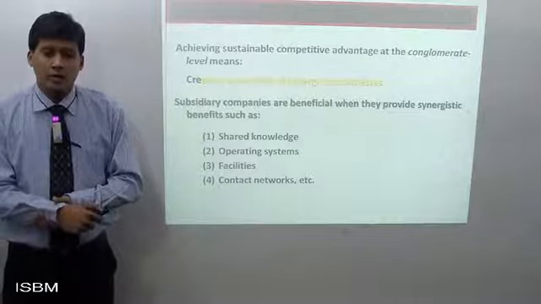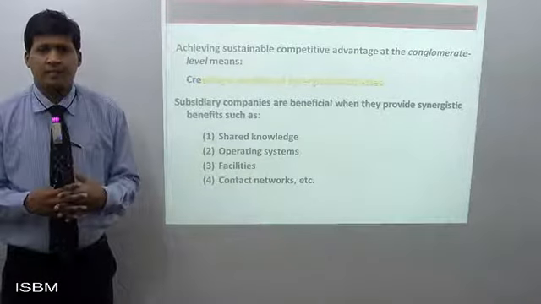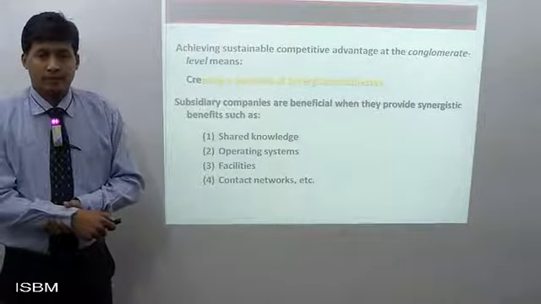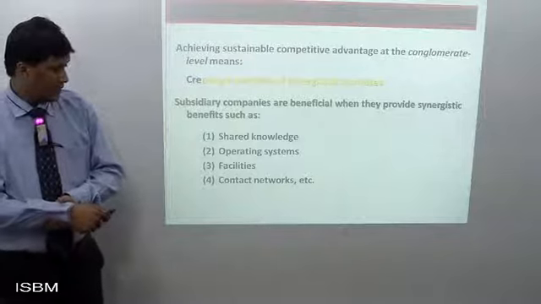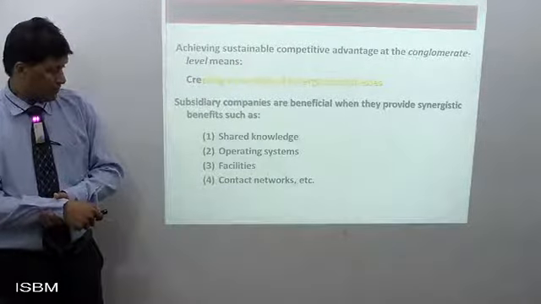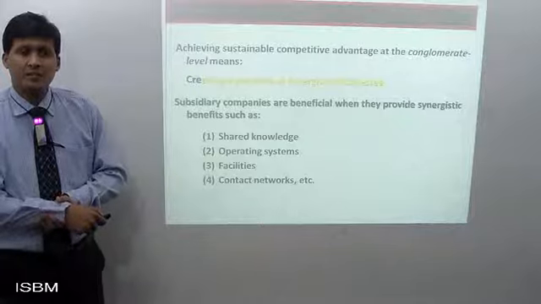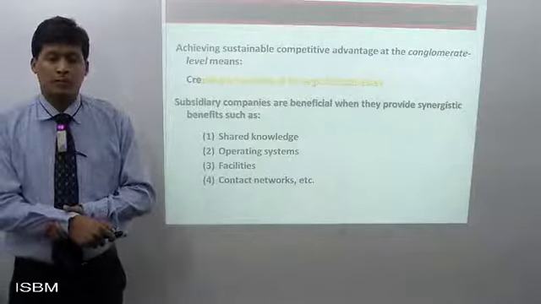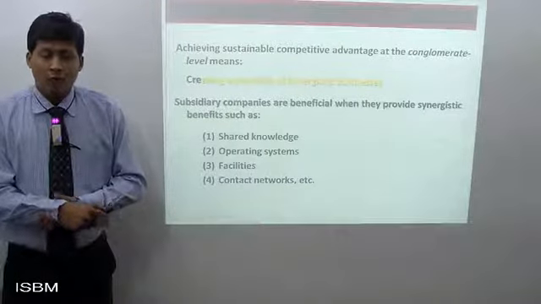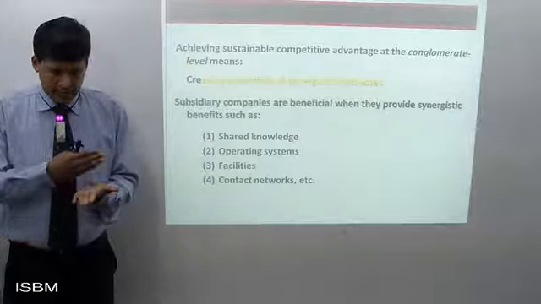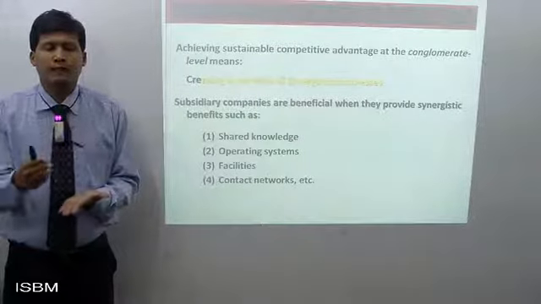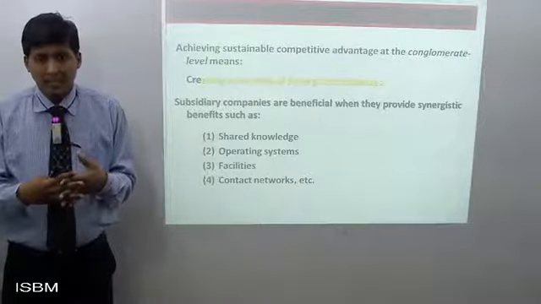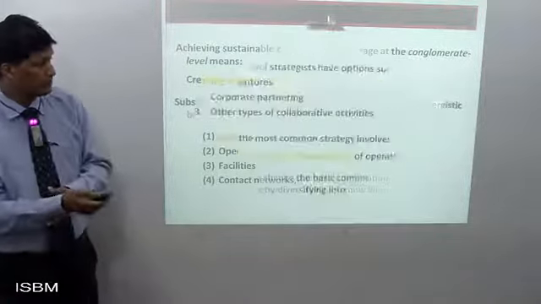We need to look at how it synergizes with their vision. That means shared knowledge between subsidiary companies, operating systems, the facilities provided within the subsidiary functions, or contact networks as well. So one database for one subsidiary definitely could be used by other subsidiaries as well. This cross infiltrating also helps the organization to grow together.